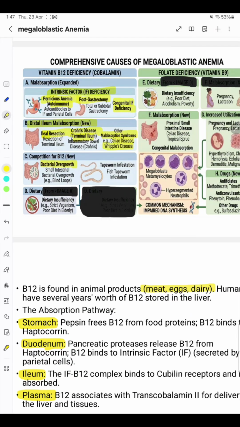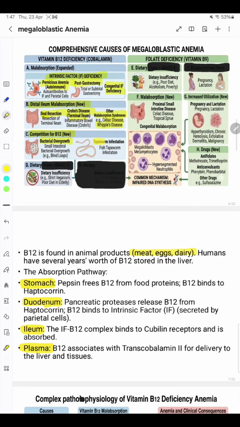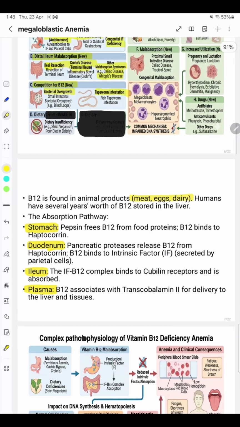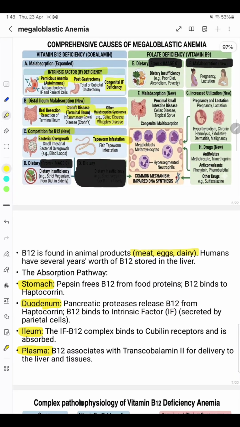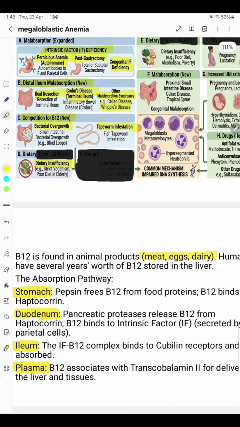In bacterial overgrowth, there is competition for B12 absorption, and infestation with tapeworm also decreases vitamin B12 absorption. And if the diet is insufficient in vitamin B12, like in strict vegans or poor diet, which is seen in the elderly due to poor dentition.